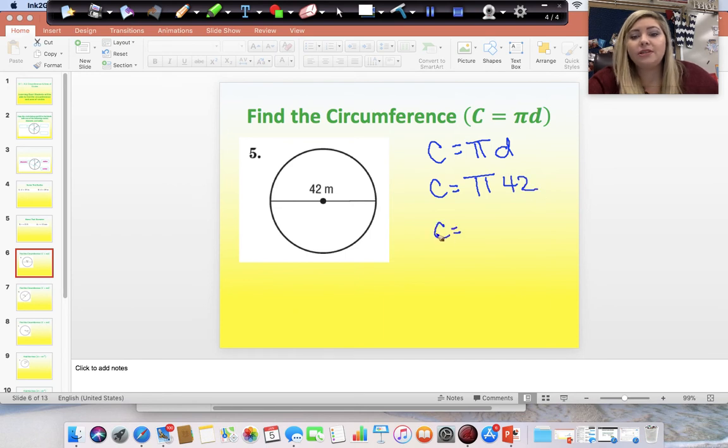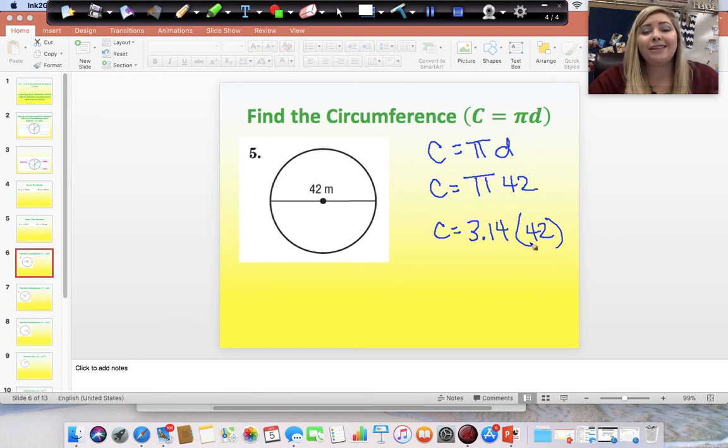So the circumference is equal to, you can either use 3.14, which is pi, rounded off, times 42, or if you've got a pi button on your calculator, you can use that. I want to say that there is not a button for pi on the calculators that you will use for FSA, so if you want to just get in the habit of writing 3.14 as your pi, that may be more beneficial to you in the end.